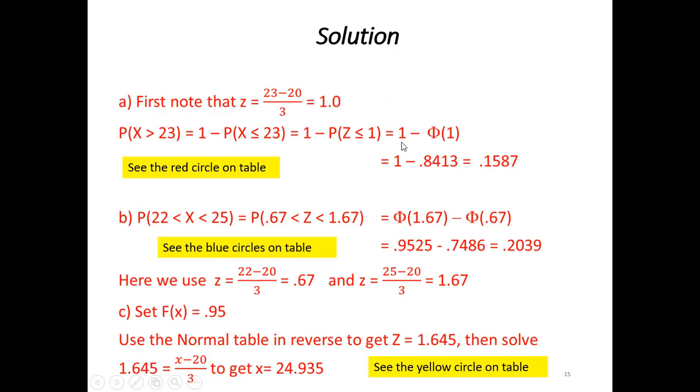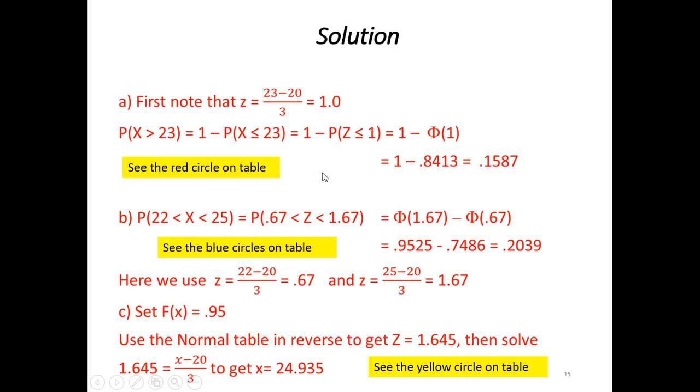And that's going to be 1 minus, now we'll use this notation, phi of 1. Okay, so whenever you see a phi of 1 in this chapter, you should think in terms of our table. So what we have to do is use a z value of 1 and figure out the corresponding probability.